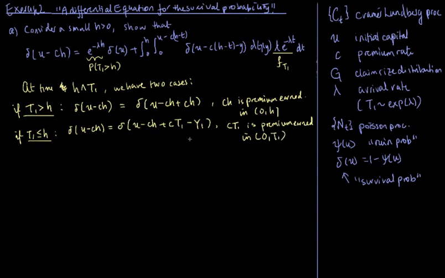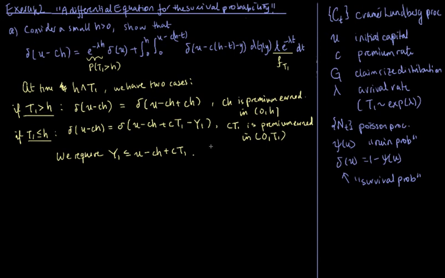However, the other thing that we should probably note is that this only makes sense to think about if y1 doesn't ruin us. So we require that y1 should not exceed the amount of capital we have at the time when the claim size y1 is paid out.